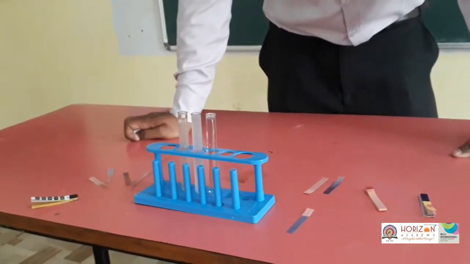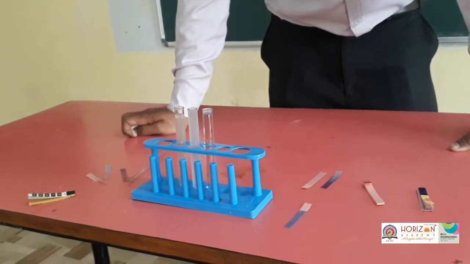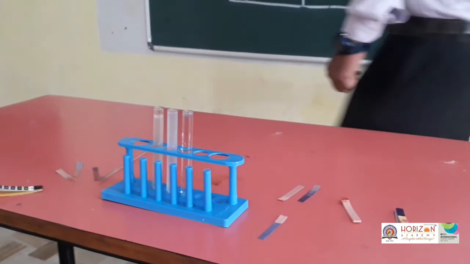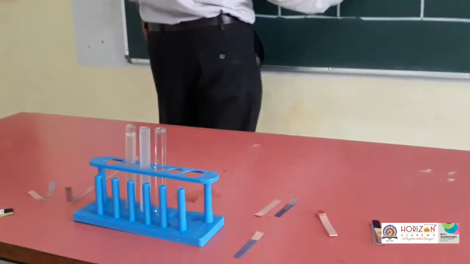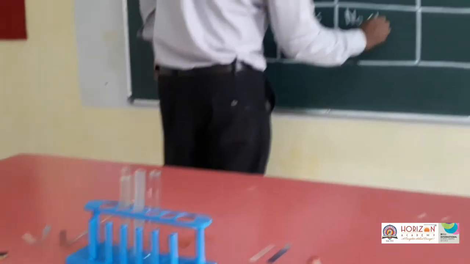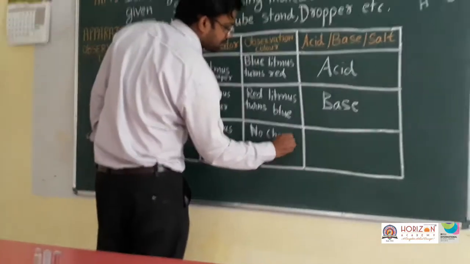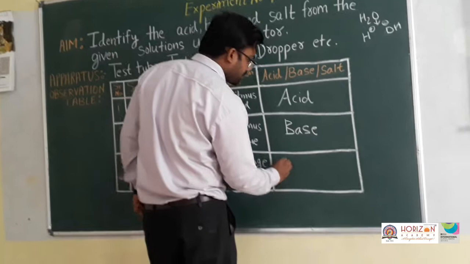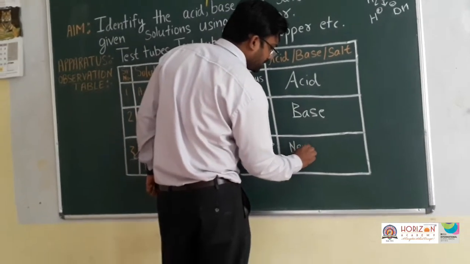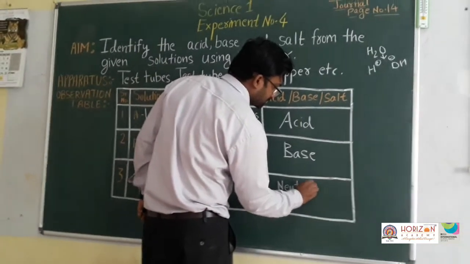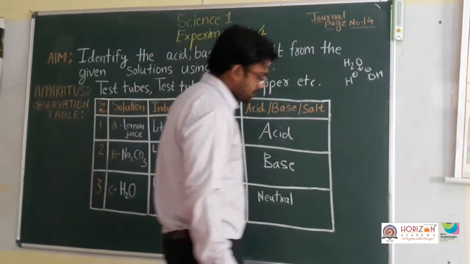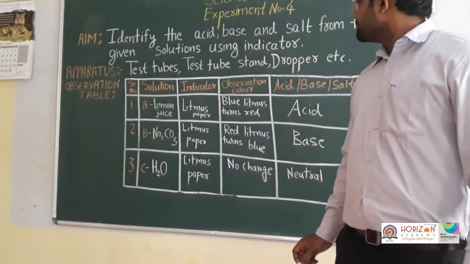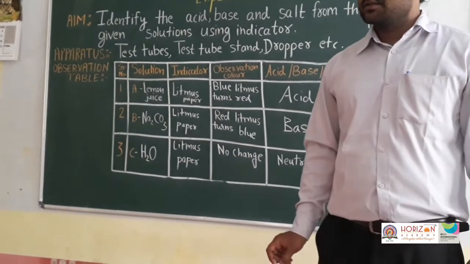Litmus paper does not show any change in neutral solutions. So here you can see there is no change on either litmus paper. So simply you can write no change. So therefore the last substance is neutral. So in this way you can use litmus paper to determine acidic, basic or neutral nature of solutions.